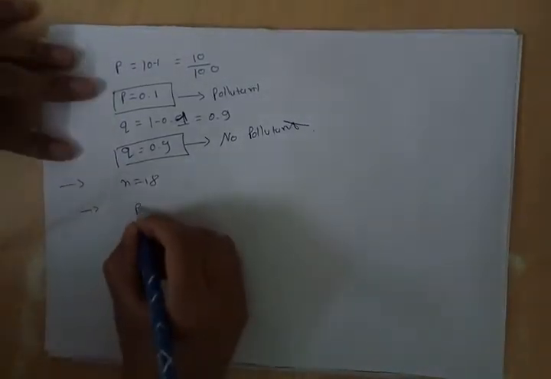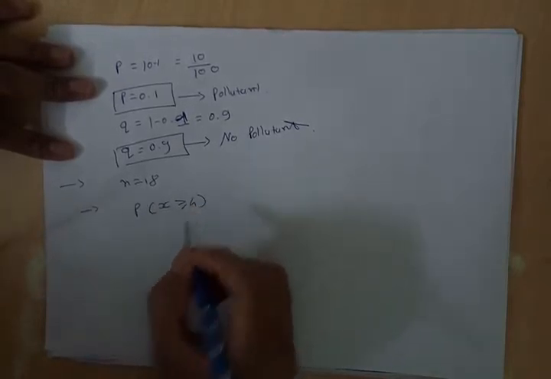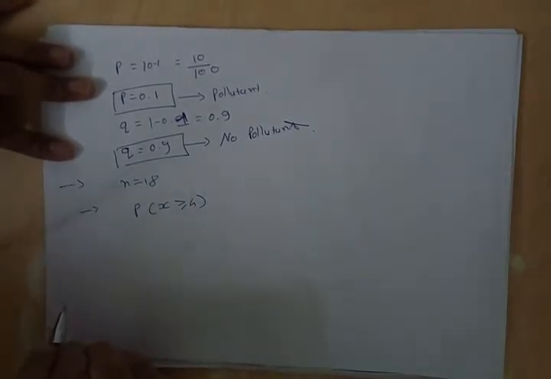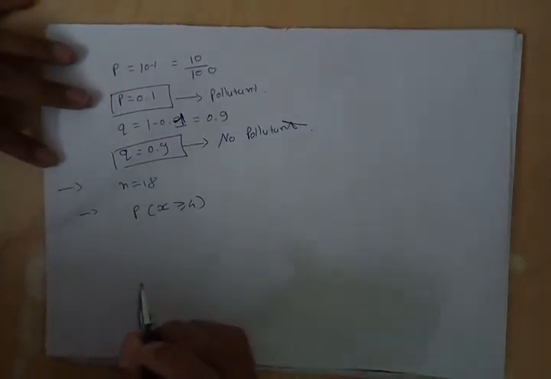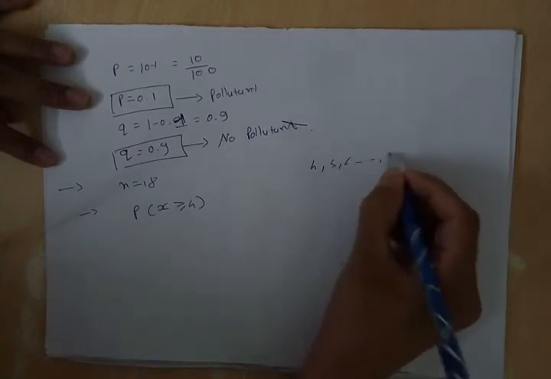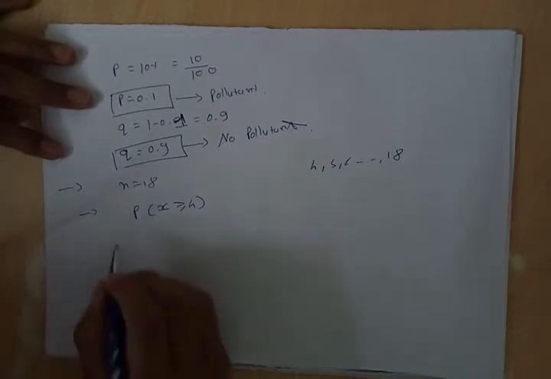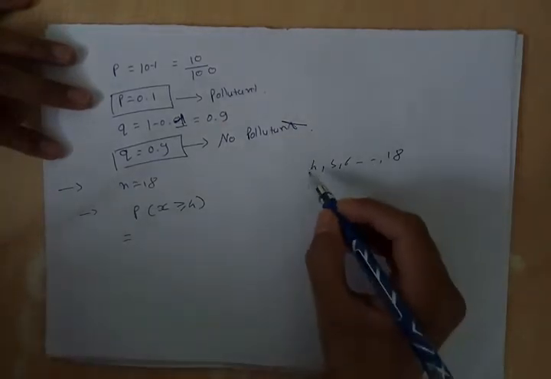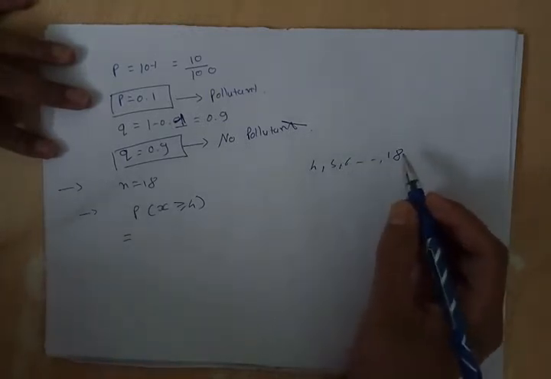So we have to find the probability that x is greater than or equal to 4. At least 4 means 4 and greater than 4, up to 18. So we have to determine probability of 4, probability of 5, probability of 6 up to 18.